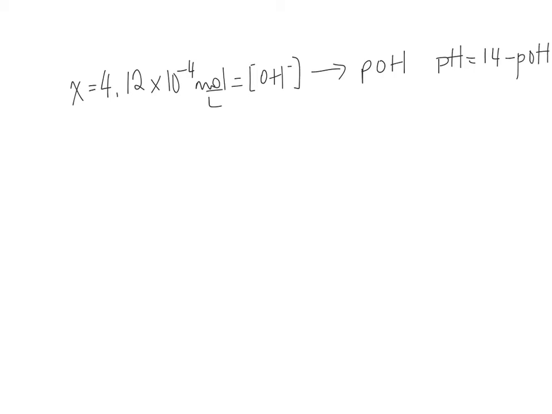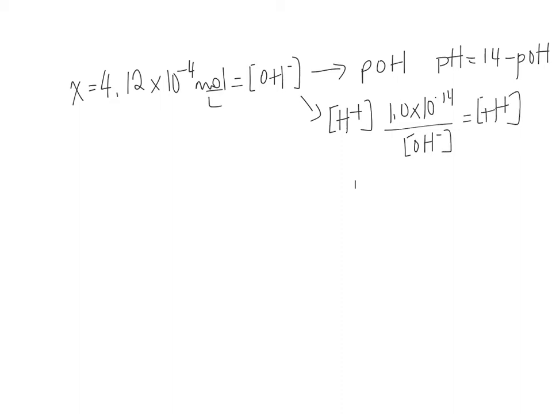Or you can take the hydroxide ion concentration and find the H plus ion concentration by taking 1 times 10 to the negative 14 divided by the hydroxide, and then take the negative log of your H plus ion concentration. So negative log of OH minus is for pOH. So either way, you're going to get an answer.